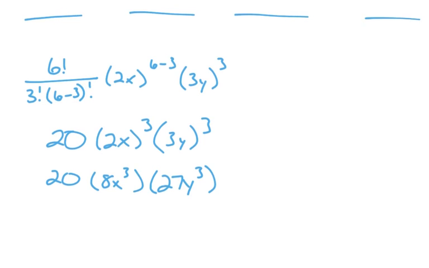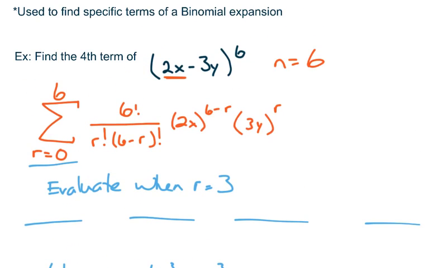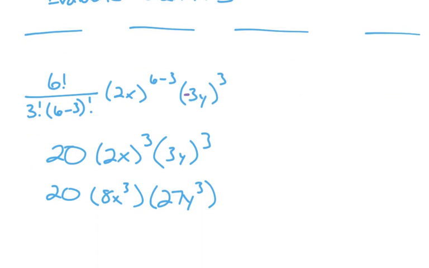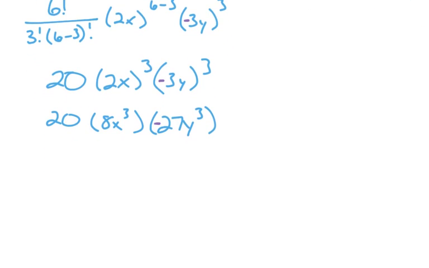I just realized I made a mistake. This is 2x minus 3y, so this should actually be negative 3y since we're subtracting, and negative 3 to the third power, negative times negative times negative, is a negative answer. Okay, so now I've got my signs organized.